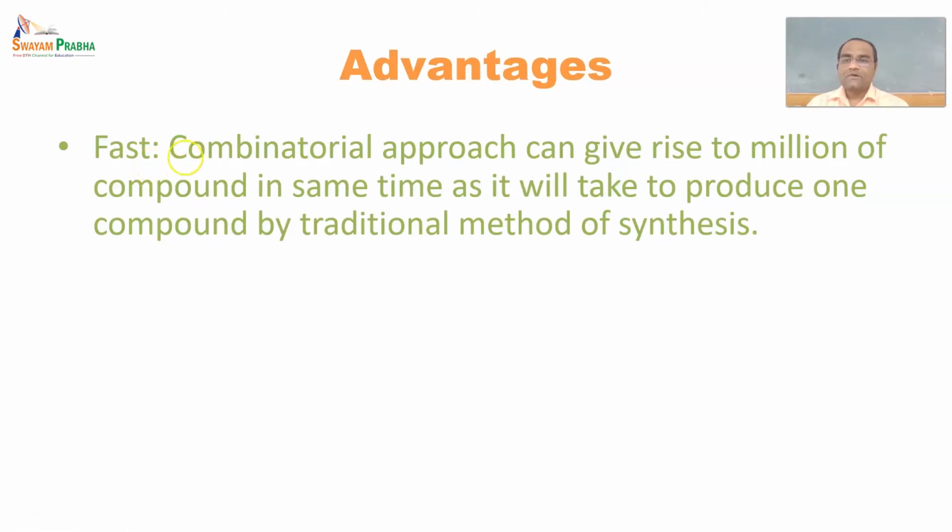But by use of this combinatorial method, the process can be very fast. The combinatorial approach can give rise to a million compounds in the same time as it would take to produce one compound by the traditional method of synthesis.